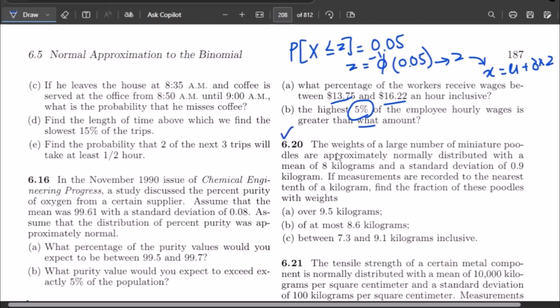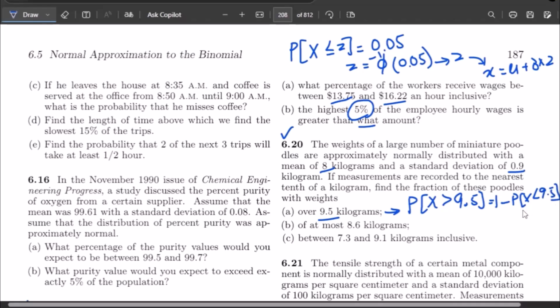In question 6.20, the statement is: the weights of a large number of miniature poodles are approximately normally distributed with a mean of 8 kgs and a standard deviation of 0.9 kgs. If measurements are recorded to the nearest tenth of a kilogram, find the fraction of these poodles with weights over 9.5 kgs. That means the probability that x is greater than 9.5, which is 1 minus the probability that x is less than 9.5.